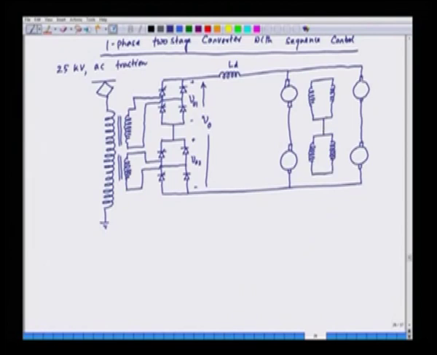We have 4 motors, so 4 fields here, and they are connected to a third converter for the field supply. So, this is the supply for the field.